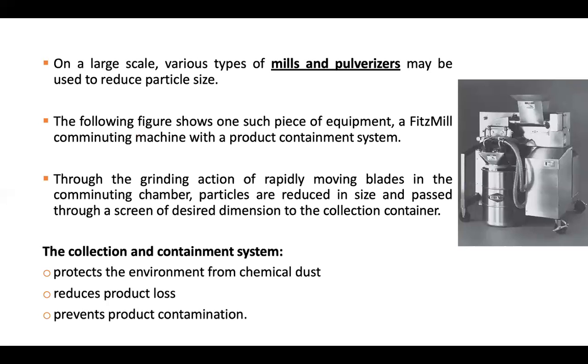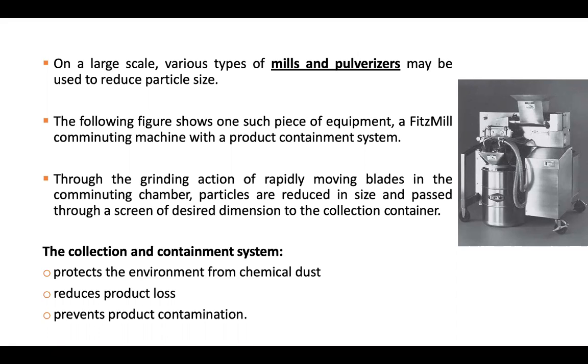It's a fitz mill, a comminuting machine with a product containment system. Through the grinding action of rapidly moving blades in the comminuting chamber, particles are reduced in size and passed through a screen of desired dimension to the collection container.